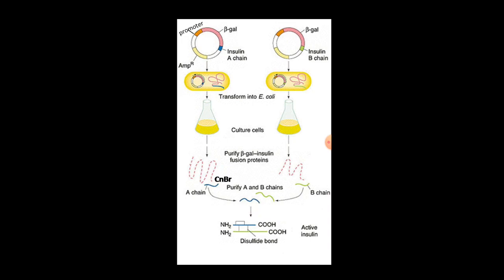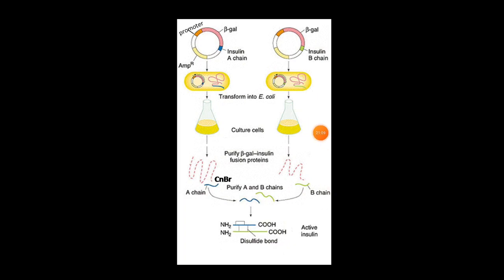And for that purpose, we have to kill the animals. So there are some ethical issues, and not only that, the animal insulin may cause allergy in someone, and there is also a potential chance of transferring infections, right?